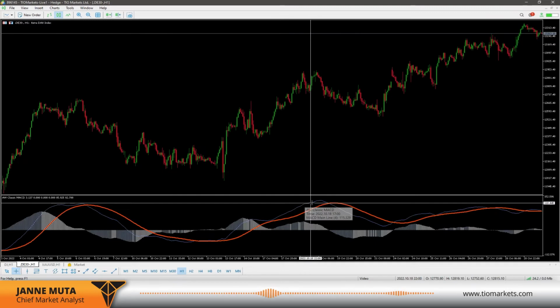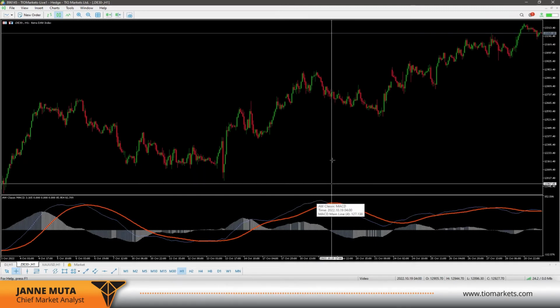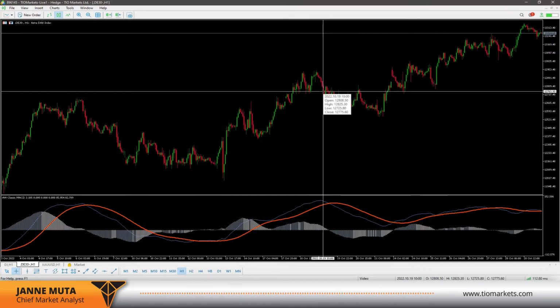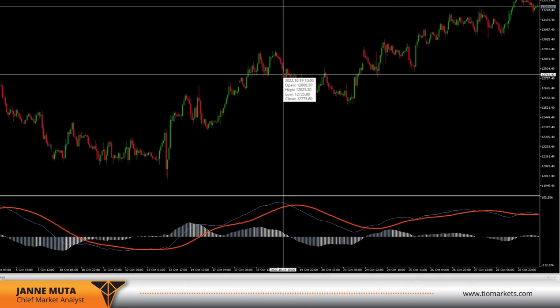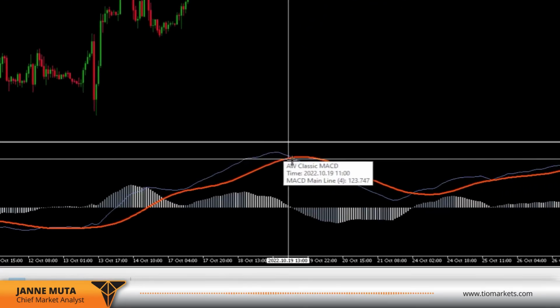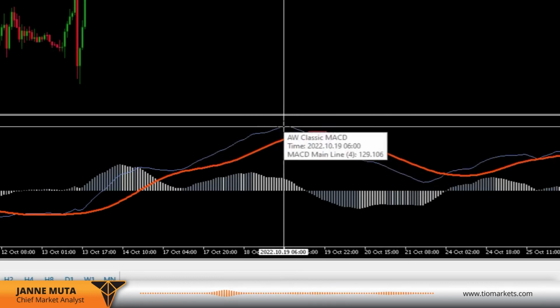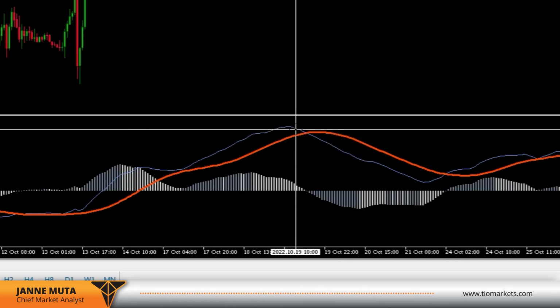Then when the market starts to move lower, the moving average difference decreases, and then obviously we get the blue line moving to the downside. So the blue line tells us that the momentum is not there anymore.